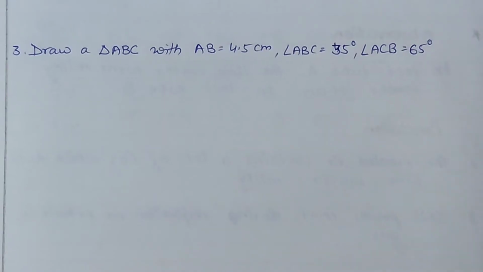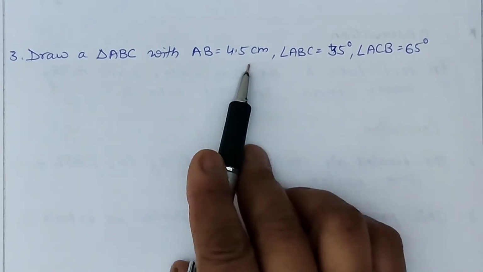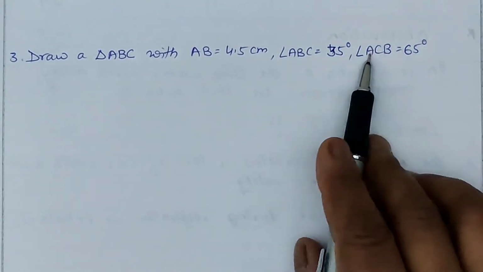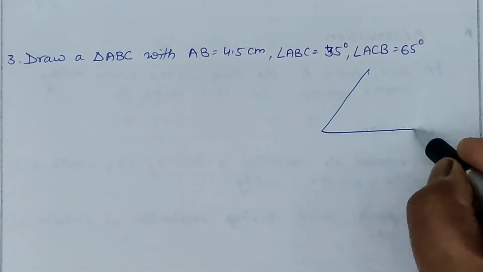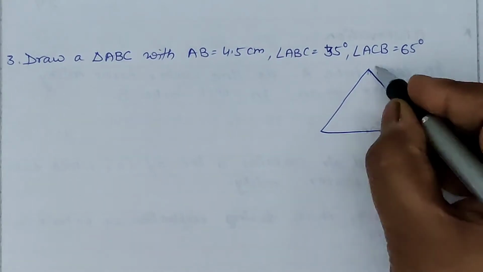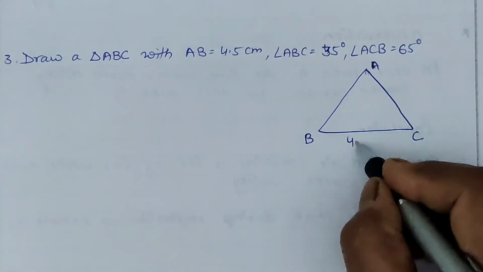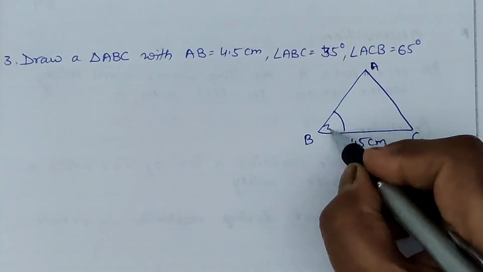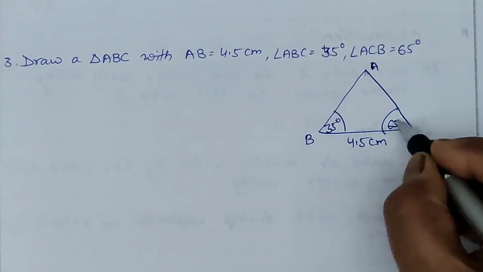ABC is the required triangle. Question number 3 is, draw a triangle ABC with AB 4.5 centimeters, angle ABC 35 degrees and angle ACB 65 degrees. Okay. A, B, C. Angle ABC 35 degrees and angle ACB is 65.